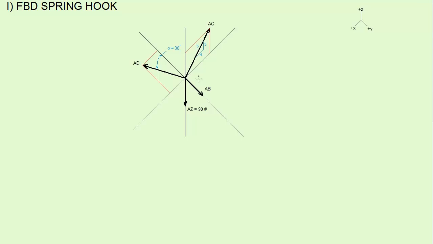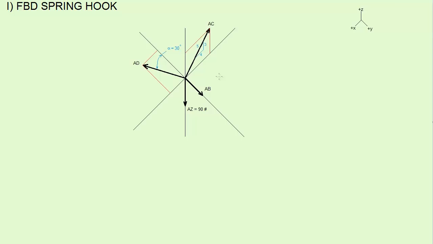How many unknowns do we have in the x direction? There is no x component for AZ. Likewise, there is no x component for AB. AD has an x component right here, and AC likewise has an x component right there. So how many unknowns do we have? We have 2. We do not know ACX, we do not know ADX.